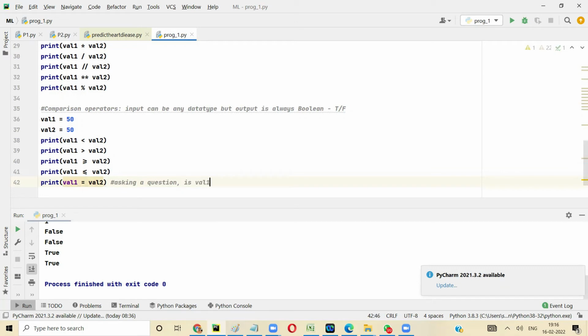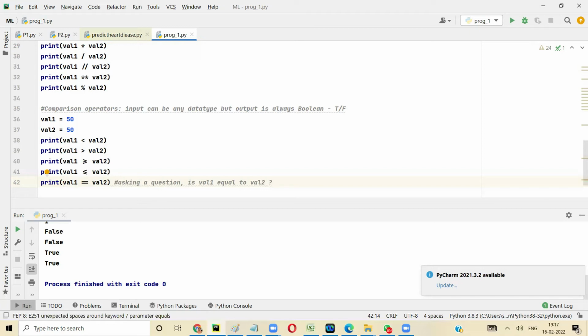Is val1 equal to val2? Many people who are new to programming make this mistake, and I don't want you to make it. In that case we give double equal to, not single equal to.